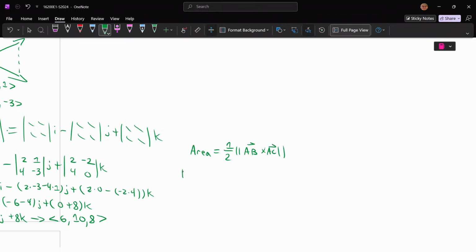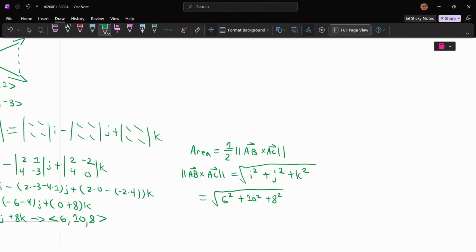So the magnitude of AB cross AC is going to be equal to the square root of the I value squared plus the J value squared plus the K value squared. So that's going to end up looking like 6 squared plus 10 squared plus 8 squared.